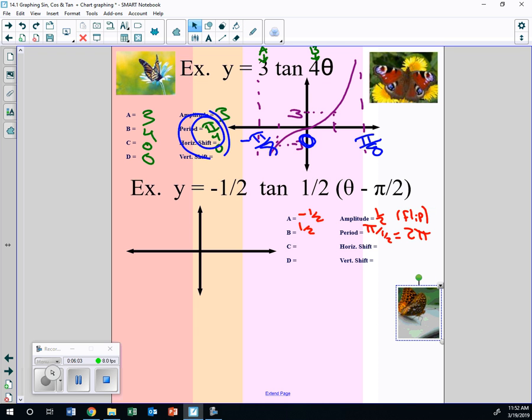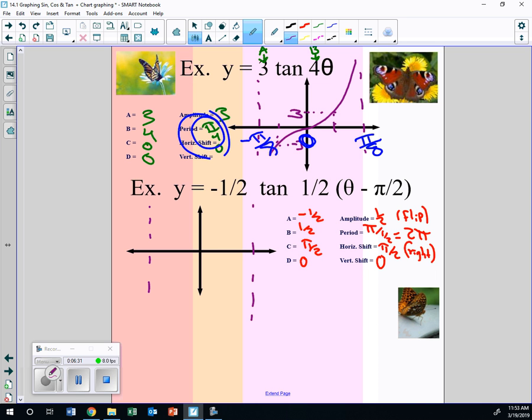Okay, and then horizontal shift. Well, we have that pi over 2. Is that going to go left or right with that minus sign? To the right. So that's going to be pi over 2 to the right. And then I don't think it's going up or down anywhere. Okay, so here goes.